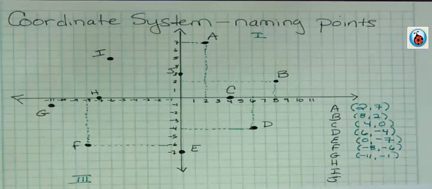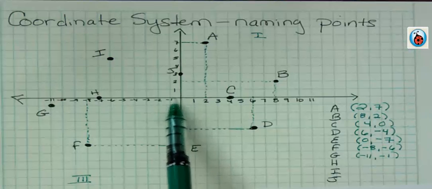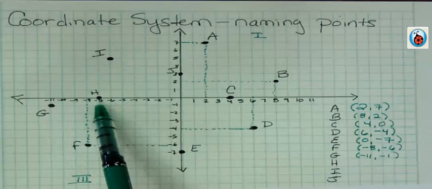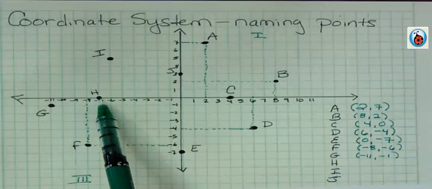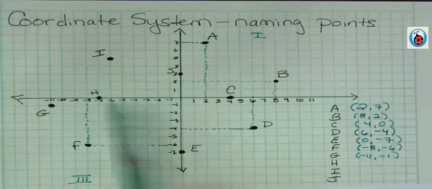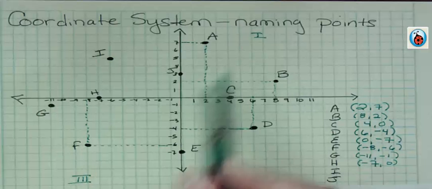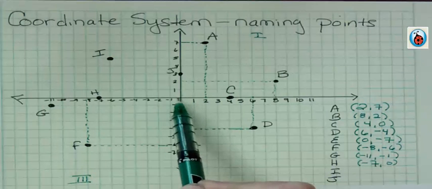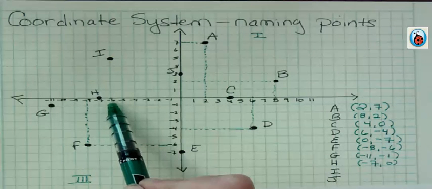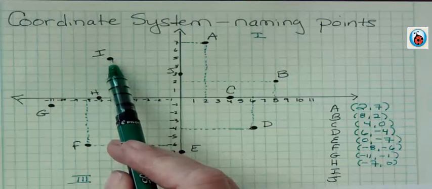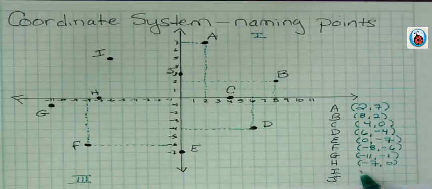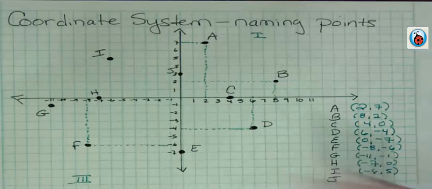H, from the origin, I'm going backwards to -7, and then I'm not going up or down. So it's -7, 0 for H. What about I? From the origin, I'm going backwards to -6, and I'm going up to 5. So it's -6, 5.